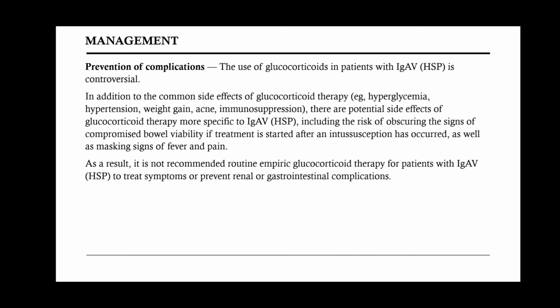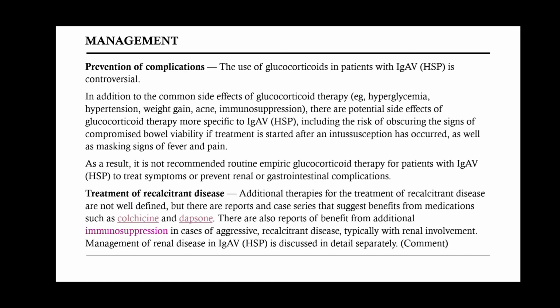As a result, routine empiric glucocorticoid therapy is not recommended for patients with IgA vasculitis HSP to treat symptoms or prevent renal or gastrointestinal complications.